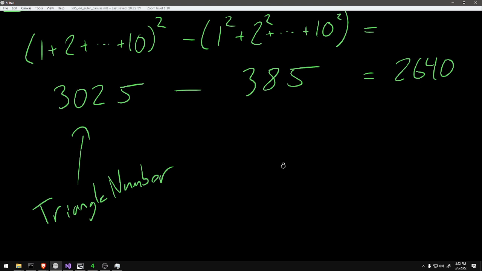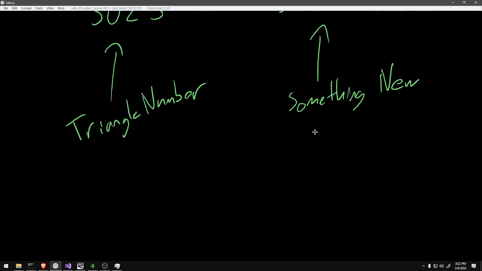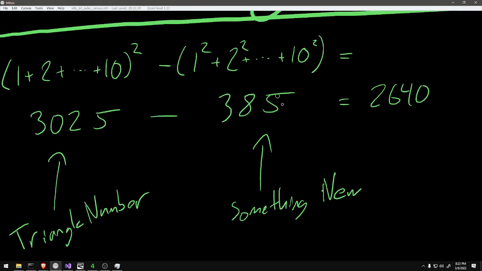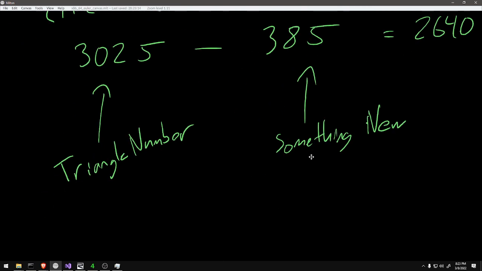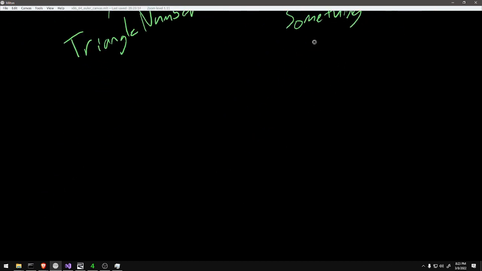This over here is something different. So our goal is to figure out what that something new is, because we've already got a function for the triangle number. If we can figure out how to compute this something new part for any n, then we'll be good. So let's focus on that.